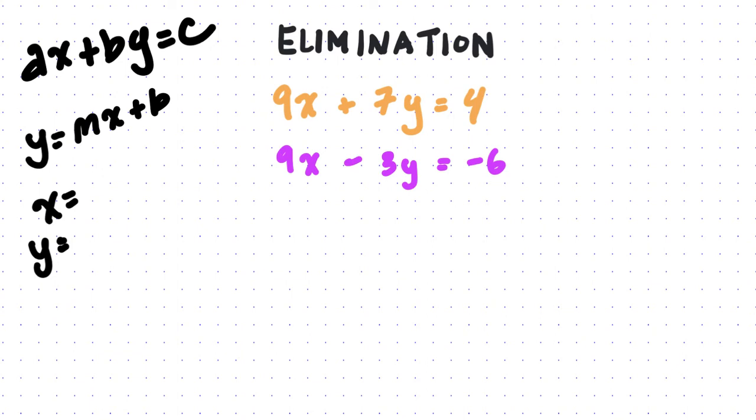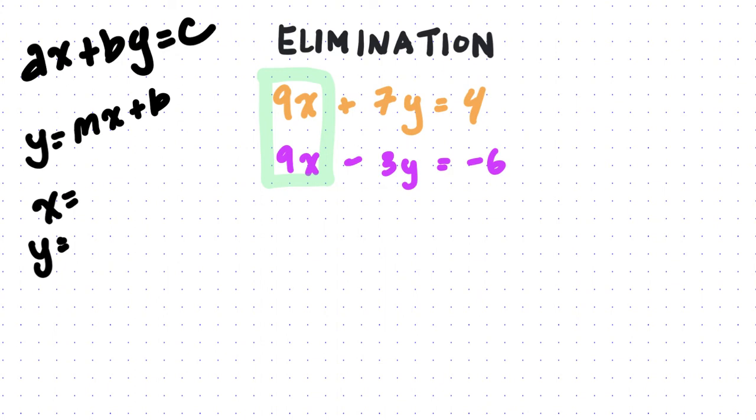And in this case, if we take a look, we have the same amount of x tiles here, 9x and 9x. At this point, we have to think to ourselves, okay, I have the same amount of tiles. Do I need to add these tiles together to fully eliminate them, or do I need to subtract them?